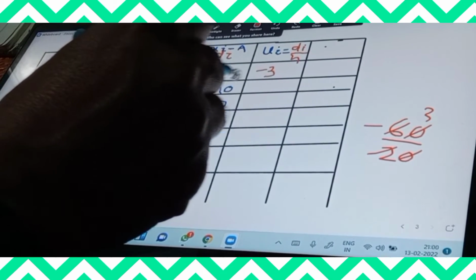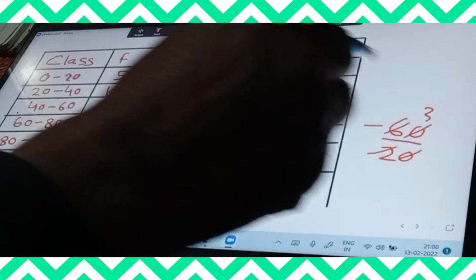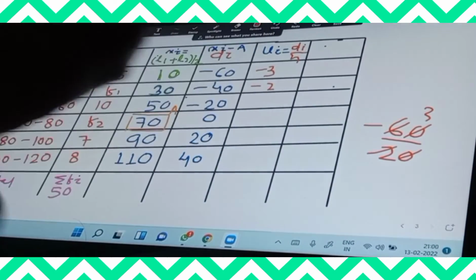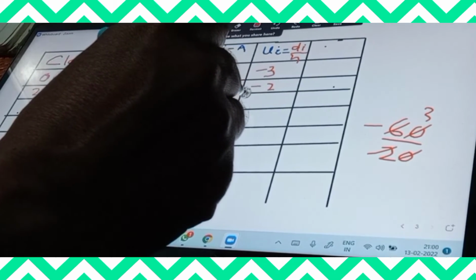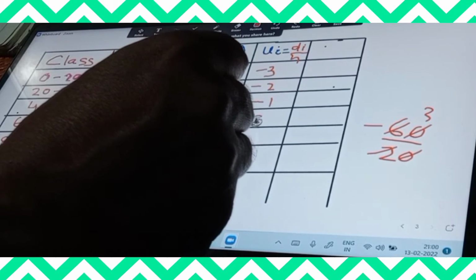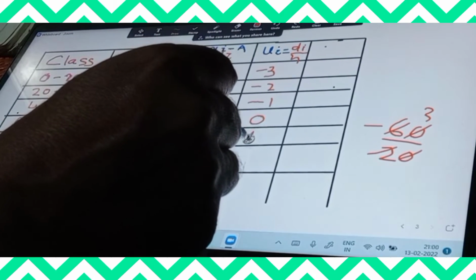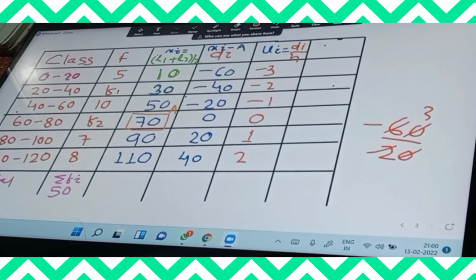Similarly, minus 40 by 20 is minus 2, and minus 20 divided by class size 20 is minus 1. 0 by 20 is 0, 20 by 20 is 1, and 40 by 20 is 2. This is how you find the value of ui.